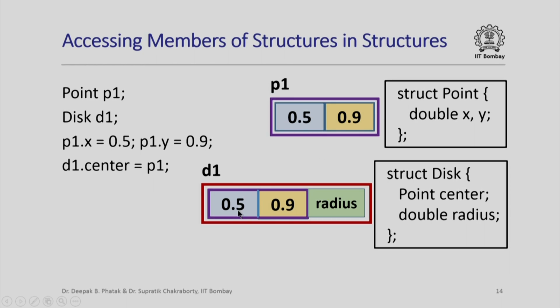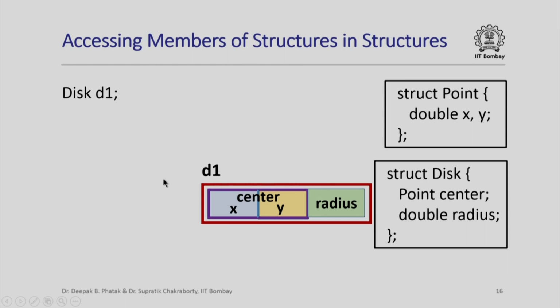So, 0.5 will get copied here, 0.9 will get copied here. And finally, if I say d1 dot radius is assigned 3.2, then the member radius of the object d1 will get the value 3.2.